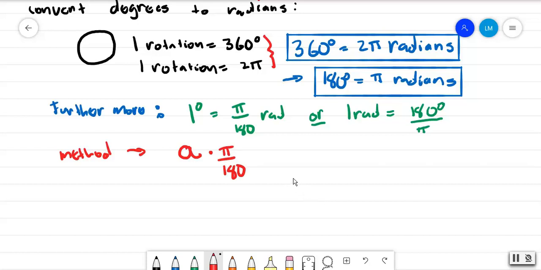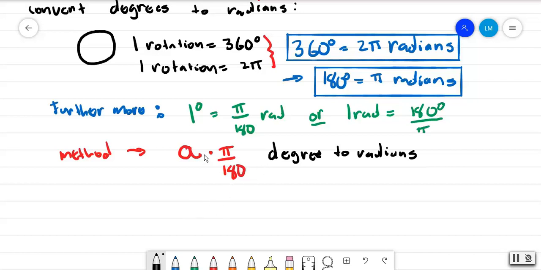This is how we go from degrees to radians.